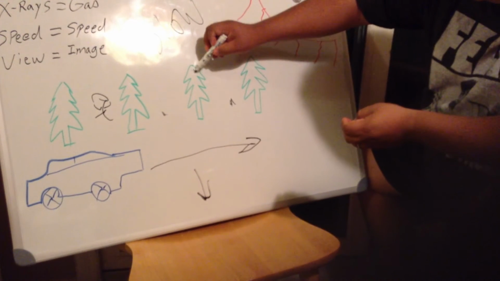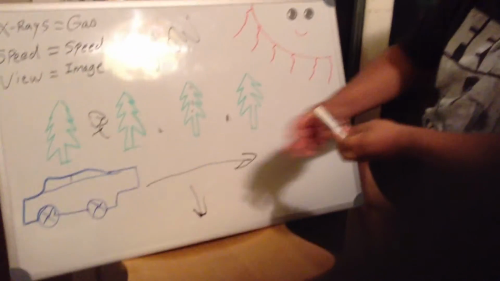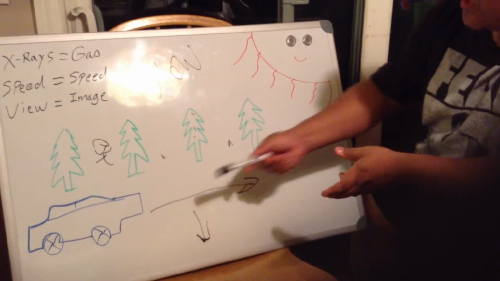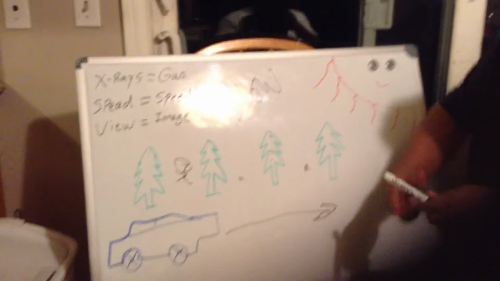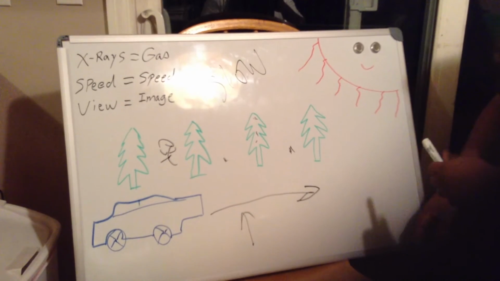You start seeing the colors of the leaves. So imagine you slow down the car, you're going to see a lot more detail. But the problem is you're going to use a lot more gas, a lot more X-rays.